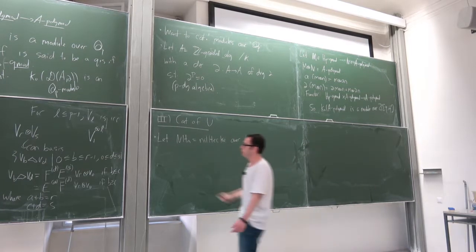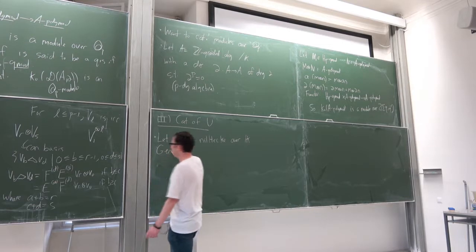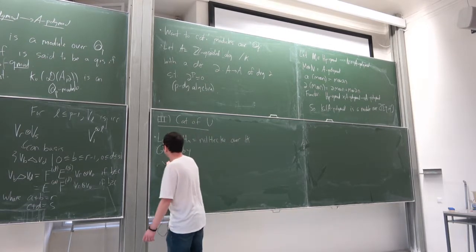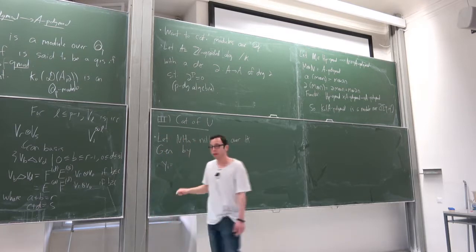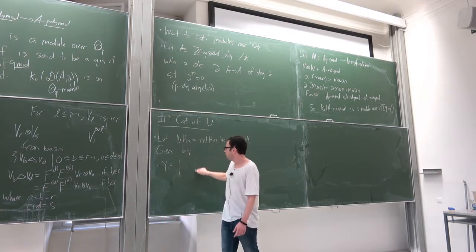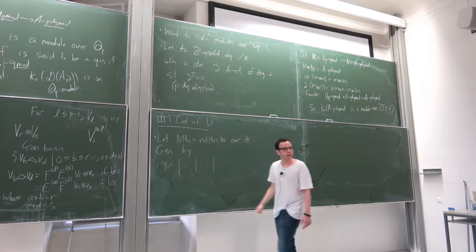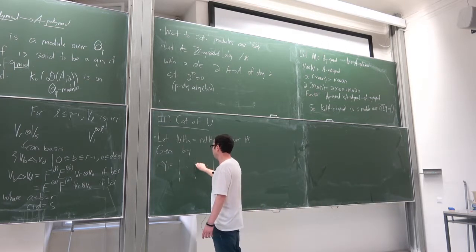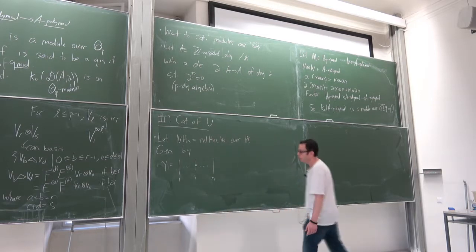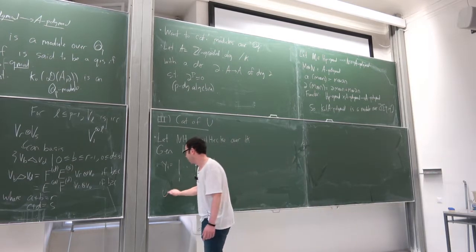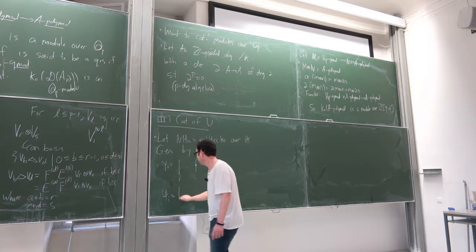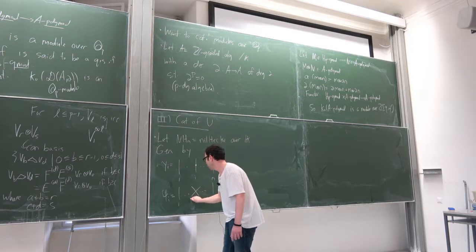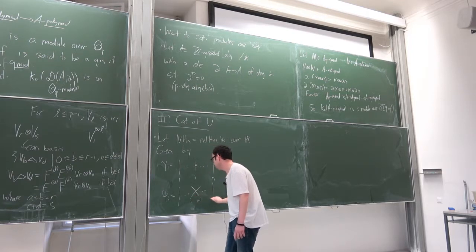And it's generated by, and I'll give a graphical description of this, these polynomial generators, y_i, and we can think of this as a string diagram on n strands, and we put a dot on the ith strand. And we also have these generators psi_i, where we have a crossing of the ith and (i+1)st strands.